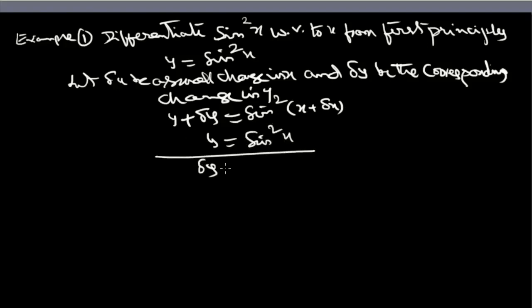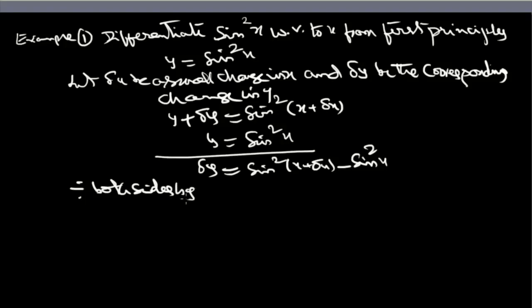Subtract: delta y is equal to sin squared of x plus delta x minus sin squared x, and then divide both sides by delta x, and then take limits as delta x tending to 0.